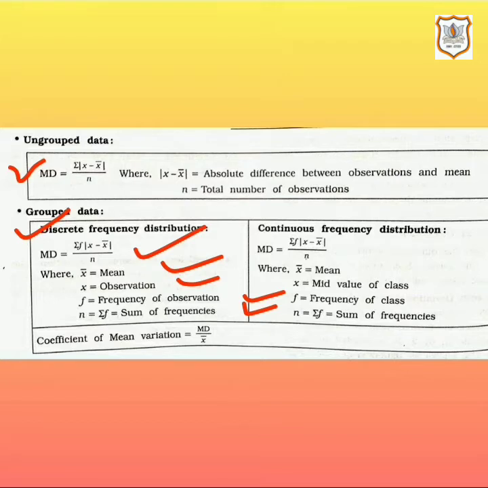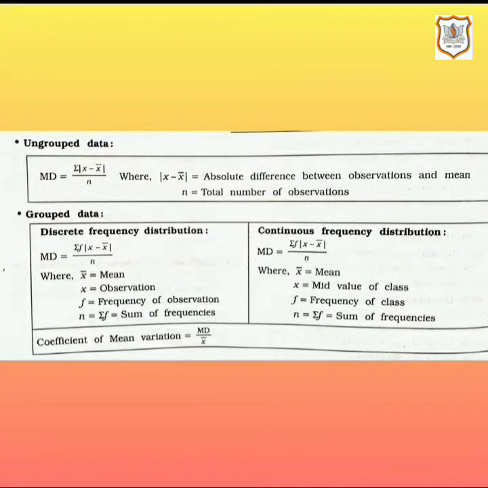For continuous frequency distribution, the formula is mean deviation is equal to sigma f absolute x minus x bar upon n, where x bar is mean, x is mid value of the classes, f is frequency of the class, n is total of frequency column or sigma f. And the formula for coefficient of mean deviation is MD upon x bar.